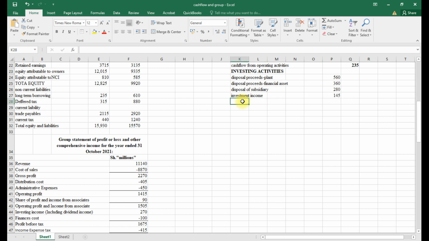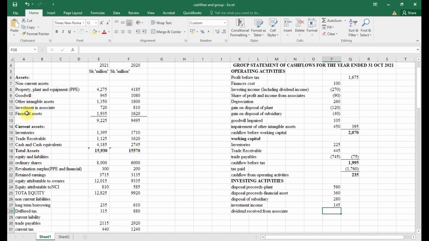Then the other thing is dividend received from associate. When you look at the associate company, the associate investment, we had 810 at the beginning, and at the end we had 720.